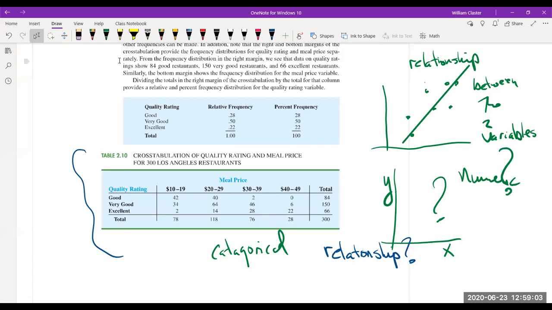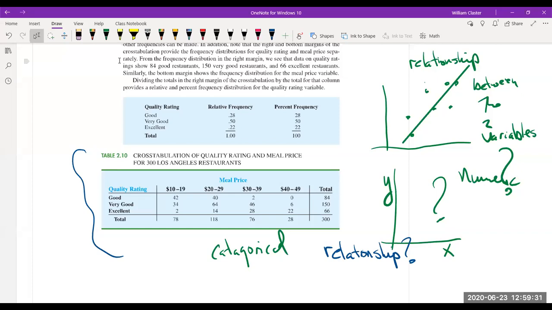From this, we can deduce that the relationship between quality rating and meal price is that we have to find a sweet spot, and based on what this cross tabulation is telling us, the sweet spot is very good in quality rating and more reasonable in price, between $20 and $29, if we're looking at the highest elements to determine the relationship.